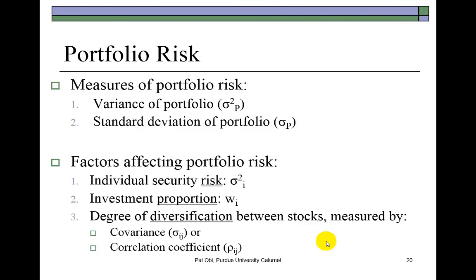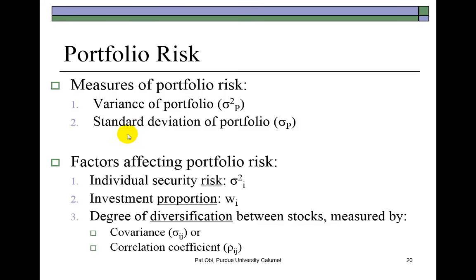Now though, how about portfolio risk? Well, for starters, there are 2 measures of portfolio risk, either the variance of the portfolio or the standard deviation of the portfolio. The 2 are really alternative measures of absolute portfolio risk. But before we show the calculation, it's important to understand the basis for portfolio risk estimation.